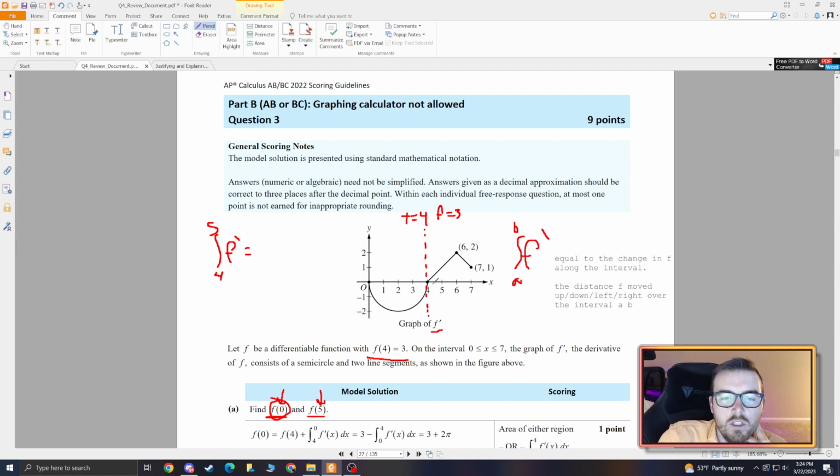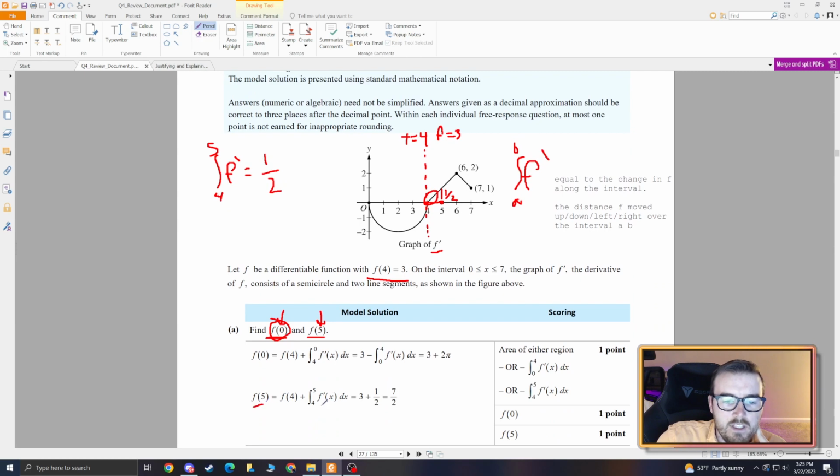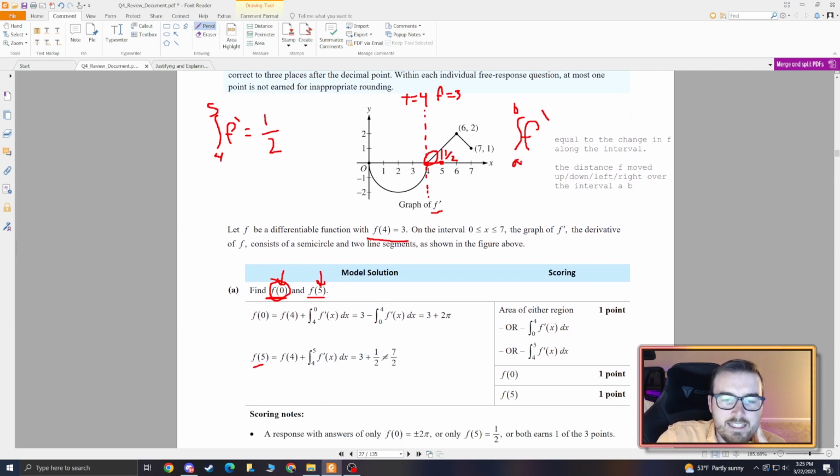Well, the integral from 4 to 5 is simply a half, because the area of that triangle is 1/2. Remember, integral is simply area under the curve. So the integral of f prime from 4 to 5 equals a half. Does that mean f of 5 equals a half? No, that's how much it moved, but you can't forget that the starting position was 3. So if we add the 1/2, that will give us the end position, 7/2 or 3.5.